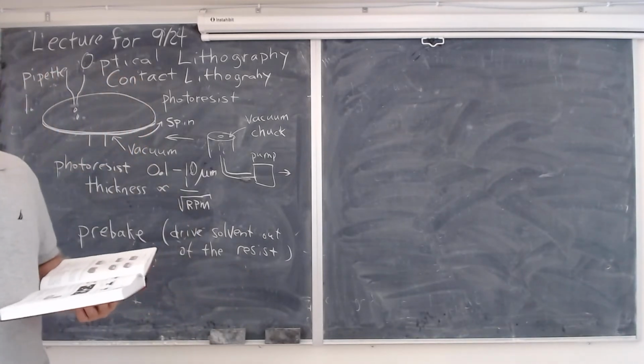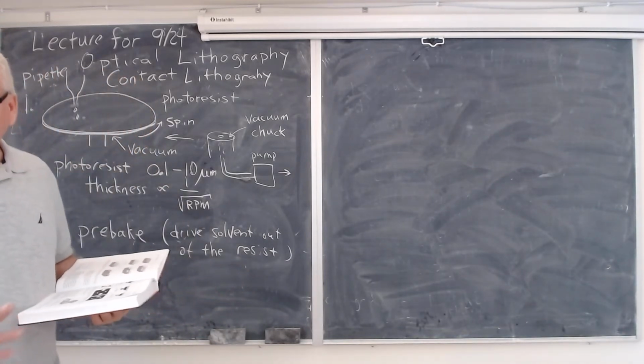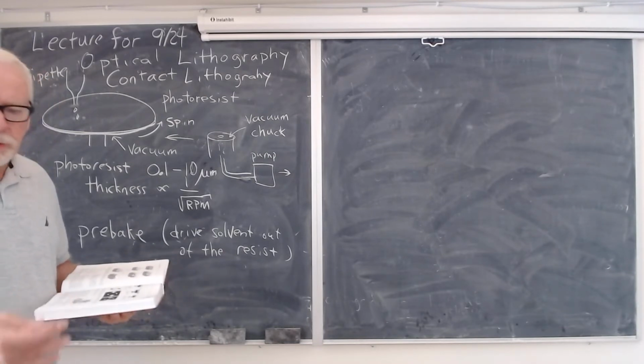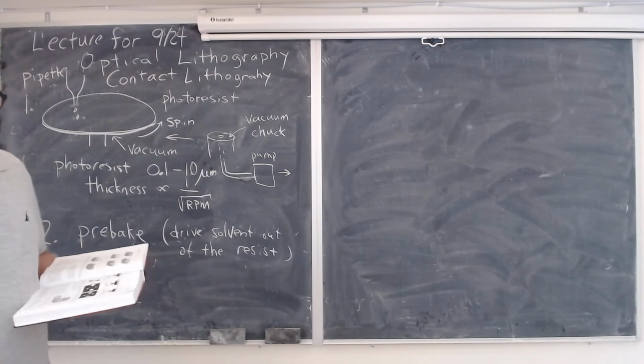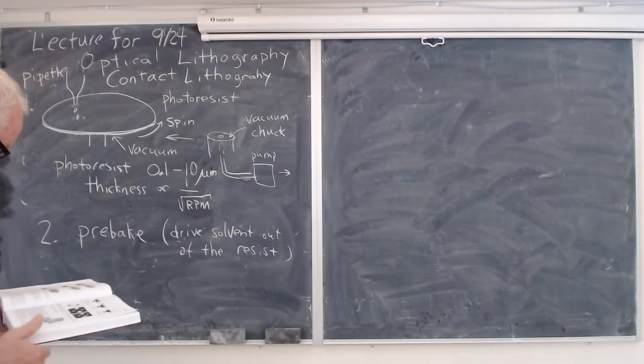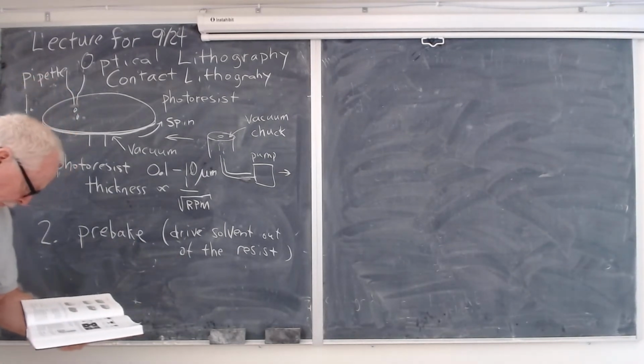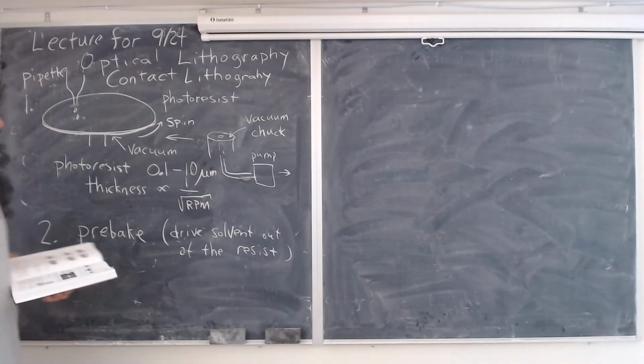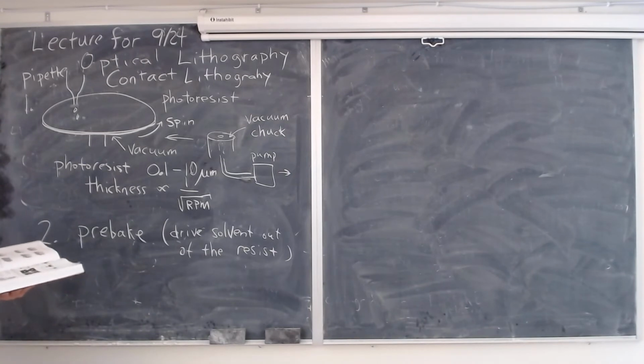Basically, photoresist is some photoactive chemical that would be too thick by itself, and so you mix it with a little bit of solvent to make it flow better. And you don't want that solvent on your sample when you go into exposure.